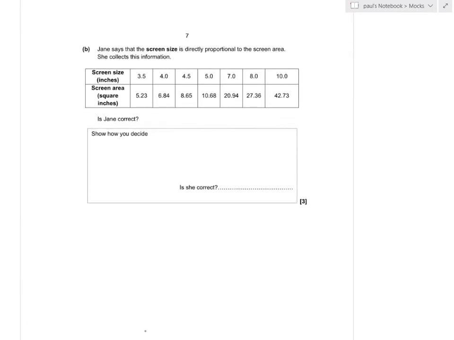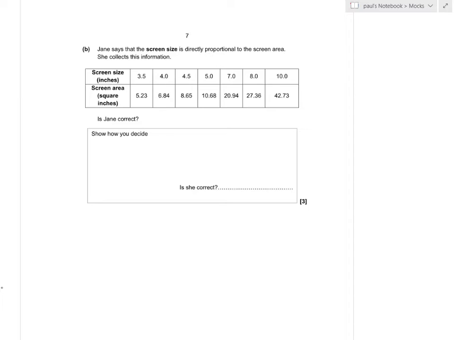Onwards and upwards. Jane says the screen size is directly proportional to the screen area. Okay, she collects information. Is she correct? Well, there's the size, there's the area, so just find a ratio between the two. That divided by that equals something, and that divided by that equals something, and if they're different then it doesn't work.